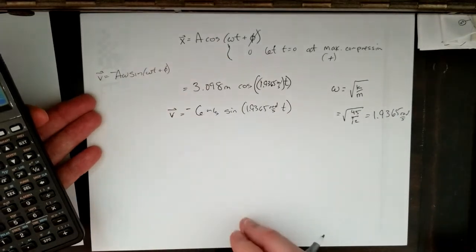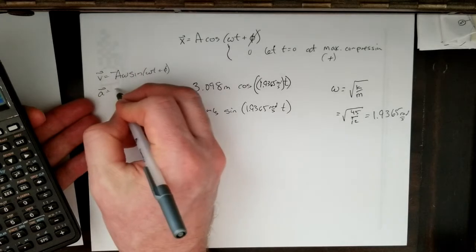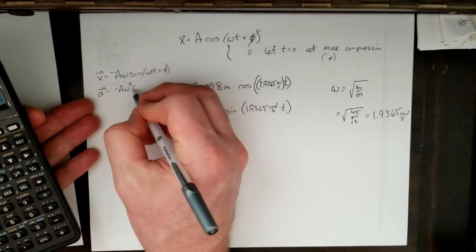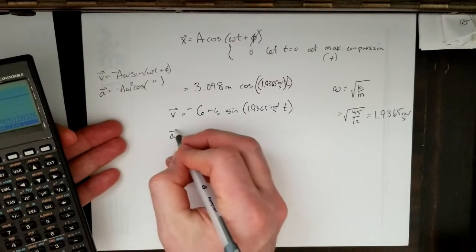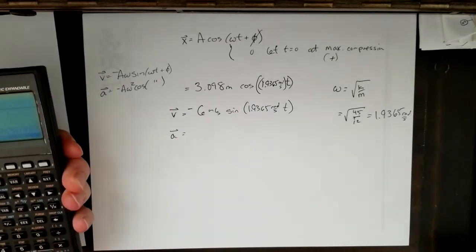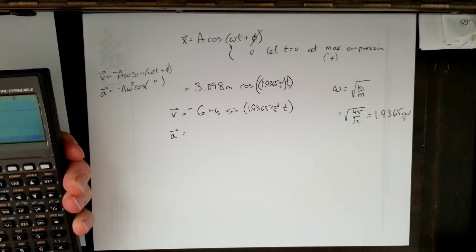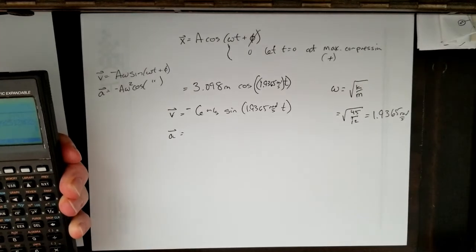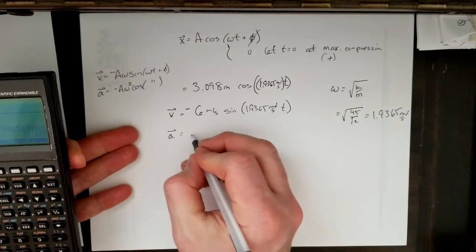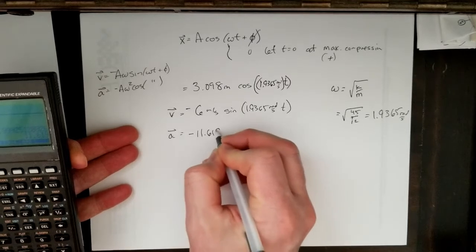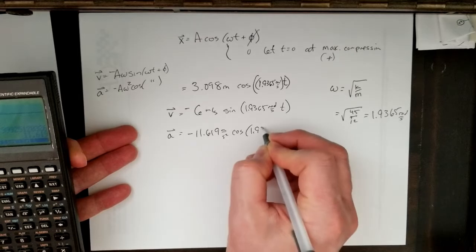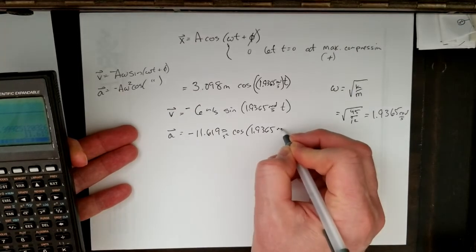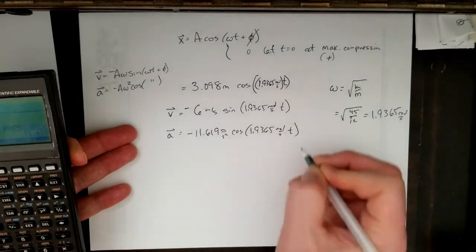My acceleration is going to be negative A omega squared cosine of that. So I multiply those together, 3.098 times 1.9365 squared, and I get negative 11.619 meters per second squared times the cosine of 1.9365 radians per second times time.